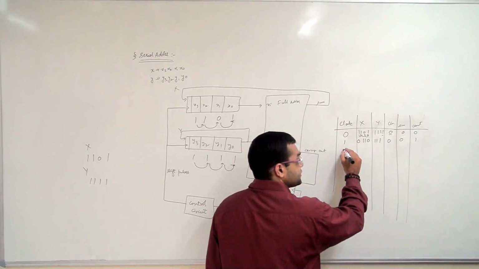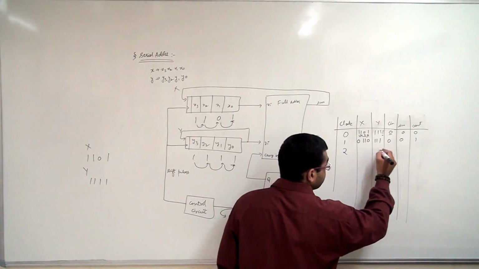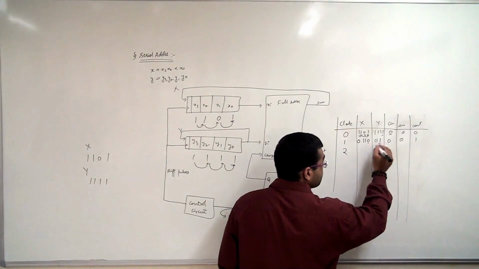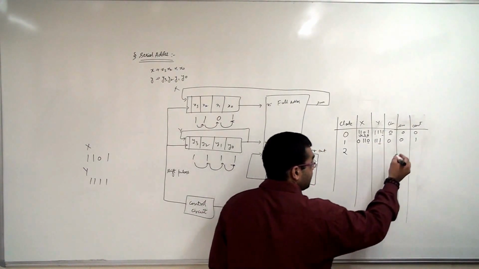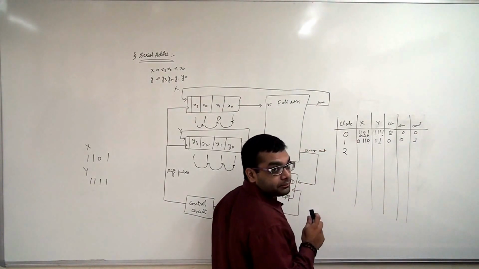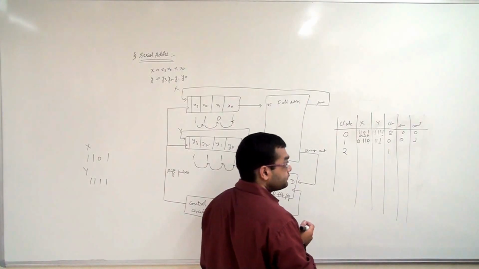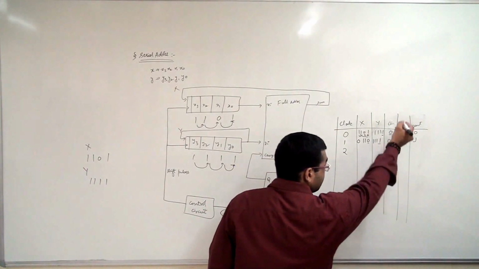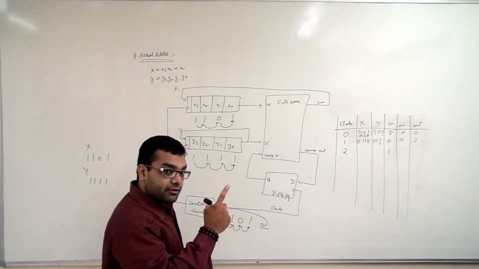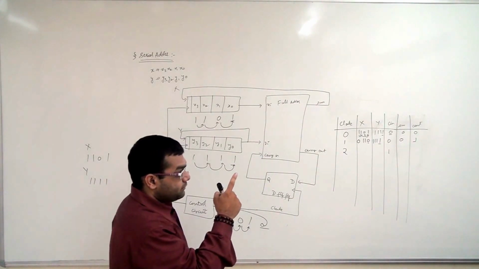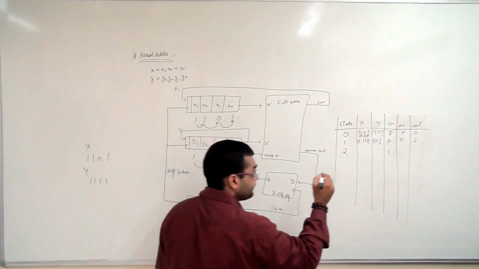So in the next clock cycle we have this and this adding up, and the carry will now be 1 over here. Bring it back again. Now we add: carry will be 1, 0 plus 1 plus 1. So again the sum will be 0 and the carry will be 1.